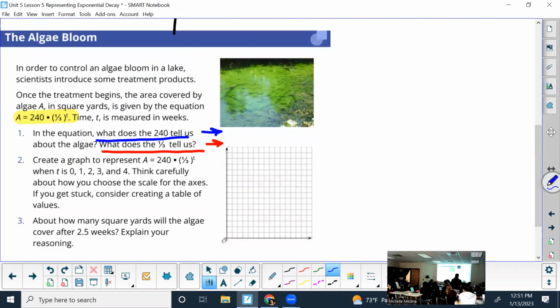Let me see what I can relate it to. Okay, you remember this formula? Class, help her out. What is this formula? Exponential what? Decay. So what does the A represent?